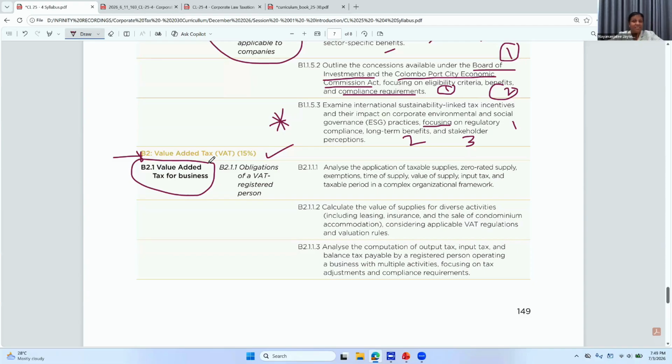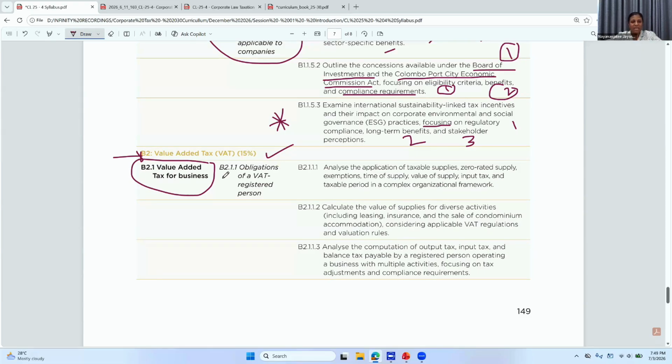I'm not coming to one by one, since as I have explained, when it comes to VAT, I'm taking all the learning outcomes and addressing how we are going to do that.